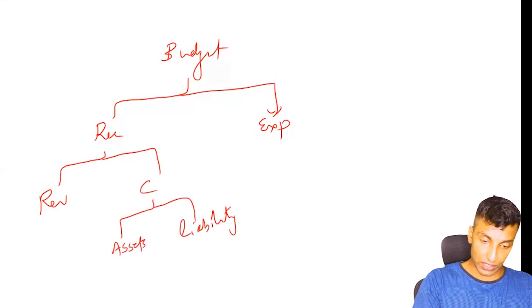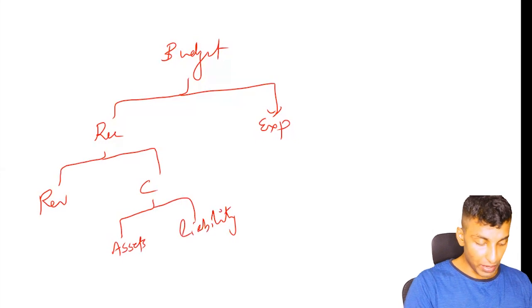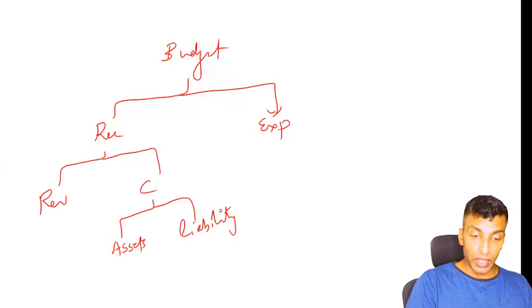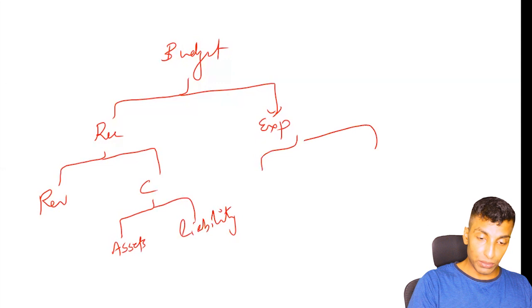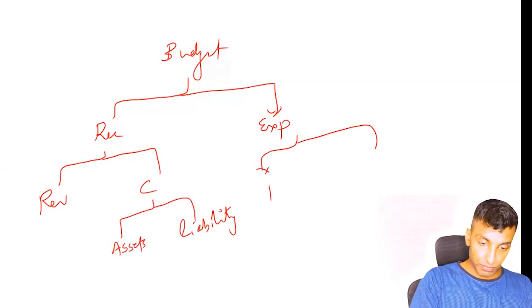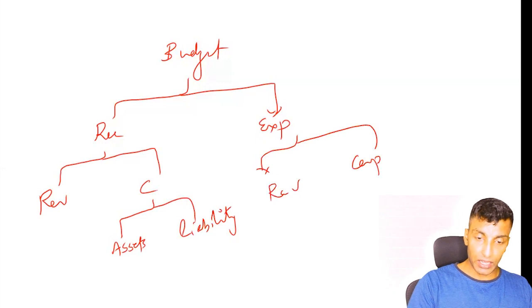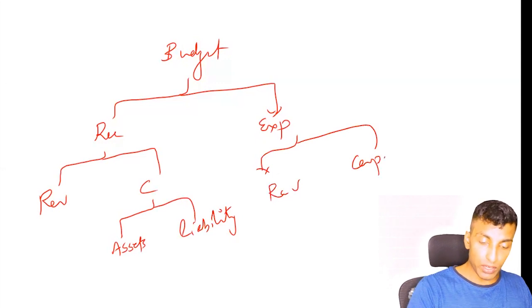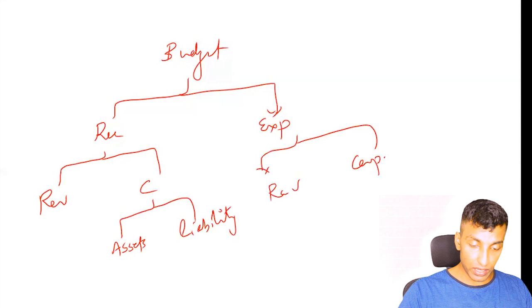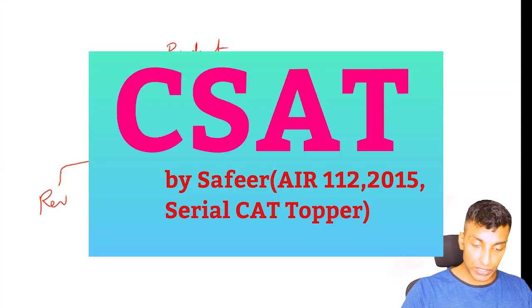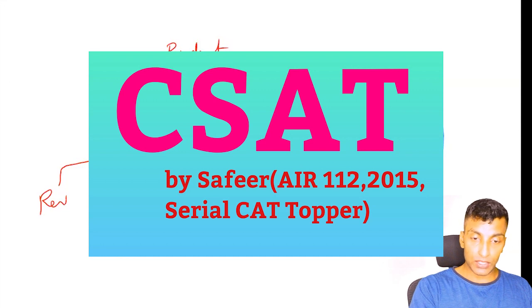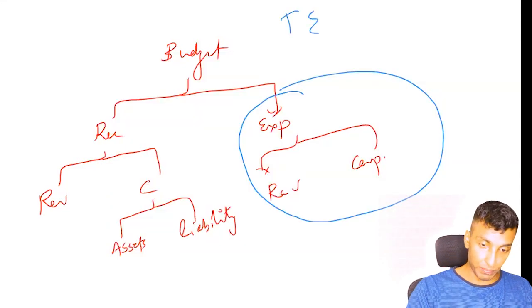Asset and liability related part. Now in expenditure, what are the two types? Revenue expenditure and capital expenditure. So when we are talking about fiscal deficit, if you see here, this total expenditure I have taken, right? So that is the total expenditure.